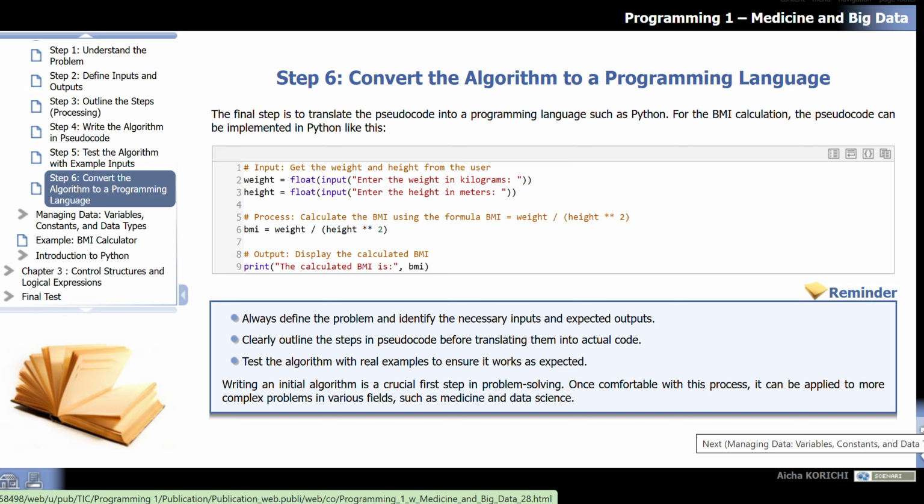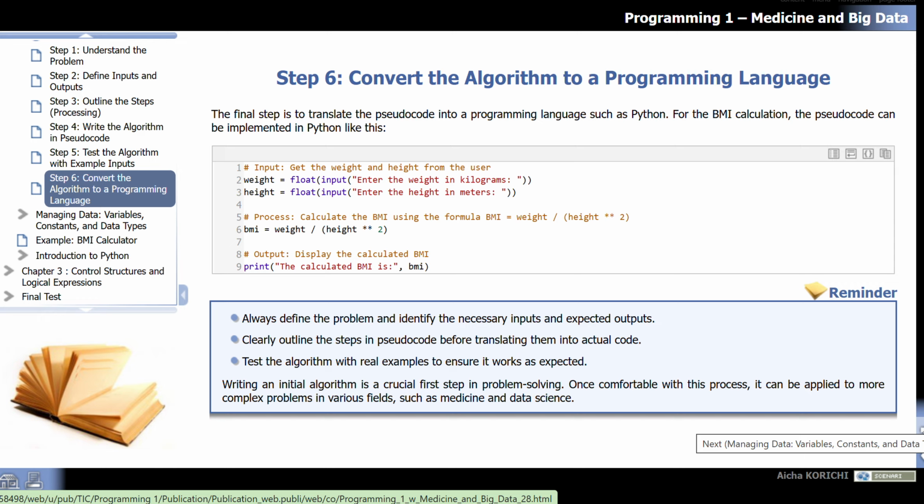The final step is to convert the algorithm to a programming language. An algorithm is written in human language. To execute the program, we need a machine language. The human doesn't know the machine language, so we need an intermediate between the user, the developer or the programmer, and the machine.